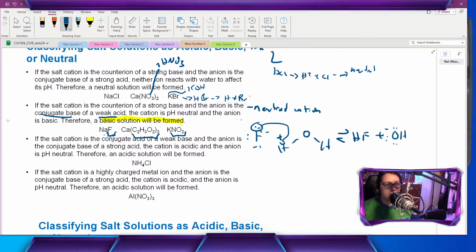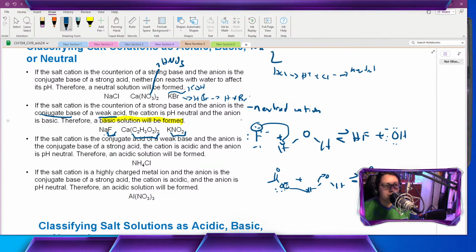Same thing with acetate. We could do the same scenario with our acetate ion. So it has the ability to reform acetic acid as well. So pluck off our proton, acetic acid, and then again, left with hydroxide once again.